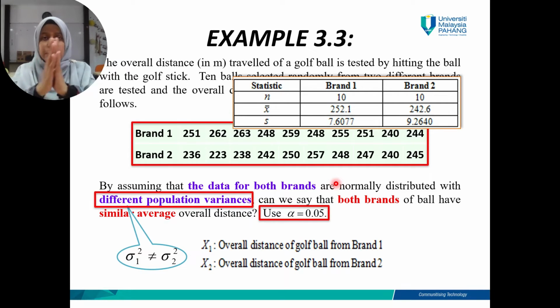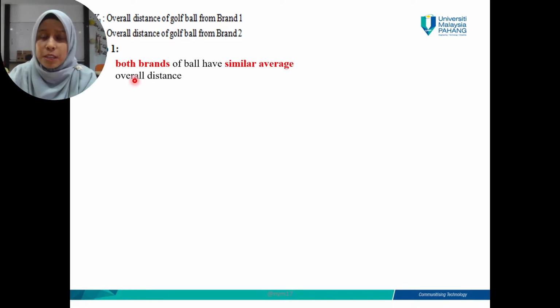So once you have extracted all this important information from the question, you are ready to test whether it is true or not true that both brands have similar overall distance. Let us start with the first step, which is to formulate the claim: both brands of ball have similar average overall distance. From the word similar, you will use the mathematical expression of equals.